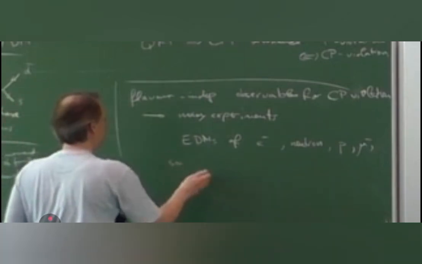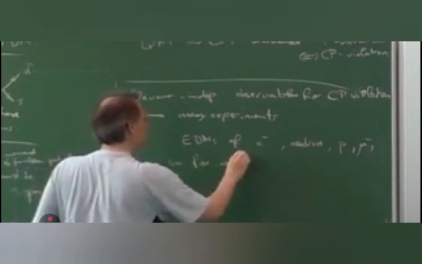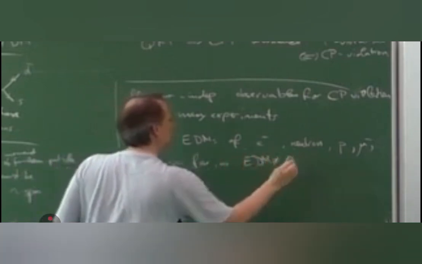And so far one has not seen experimentally such an electric dipole moment. But in principle, the standard model predicts that such electric dipole moments must be non-zero, because obviously in the standard model we do have CP violation. But let us understand how big is the prediction of the standard model for these EDMs.